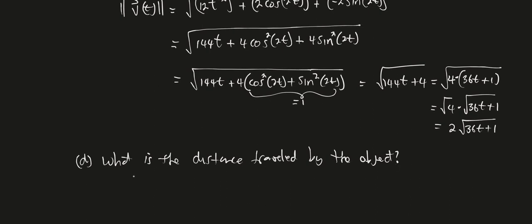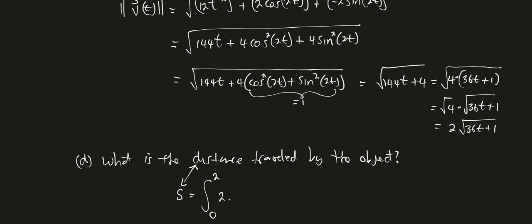So what formula are we going to use for distance? We're going to use the letter S. S is often used for distance and arc length. So the letter S will represent distance. And it's the integral from 0 to 2, and I have to integrate my speed. So I have to integrate this function.